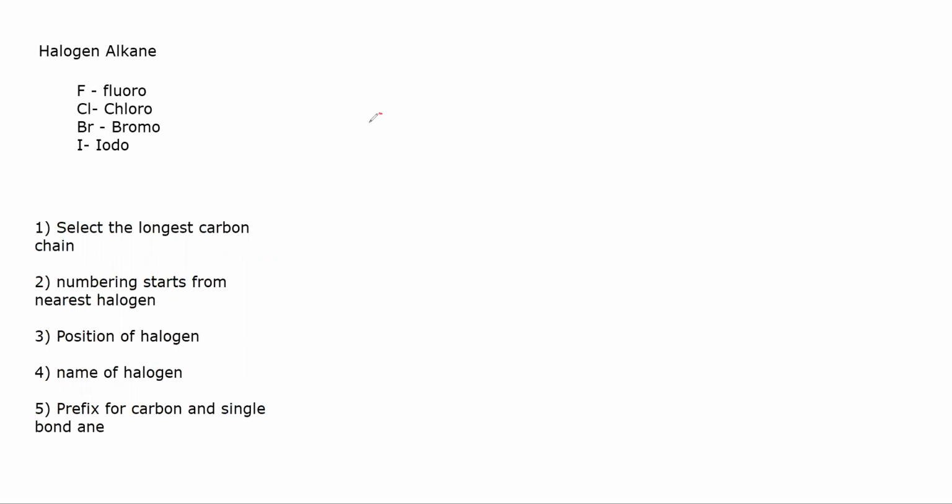So for example, if I draw the structure CH3, CHBr, CH2, CH3. What's the rule? Select the longest carbon chain. So we select the longest chain of the carbon.